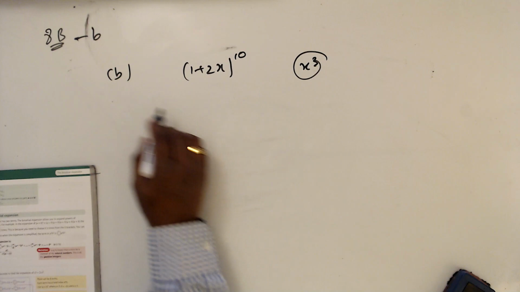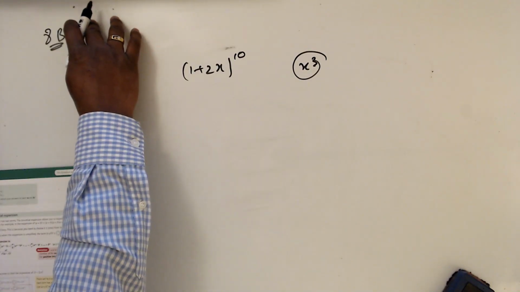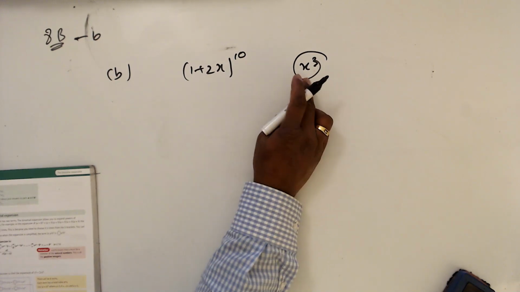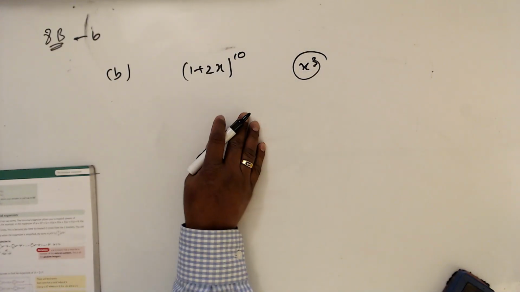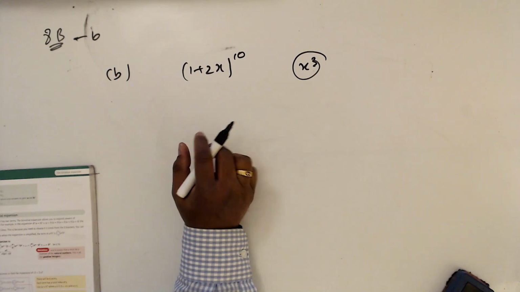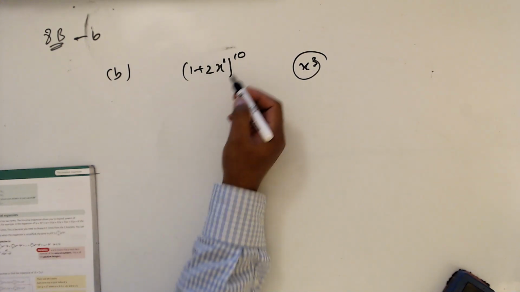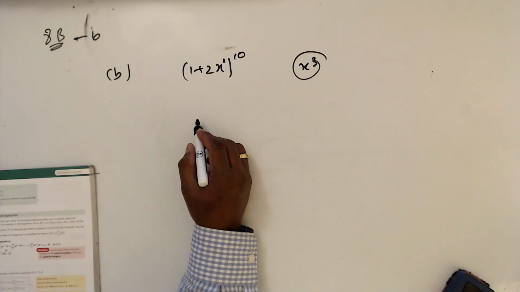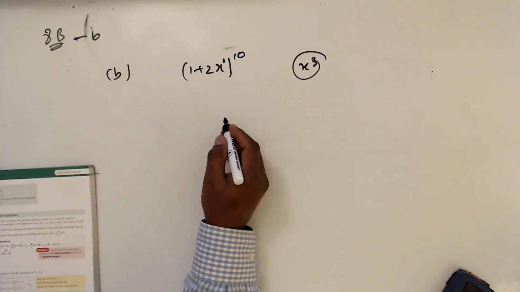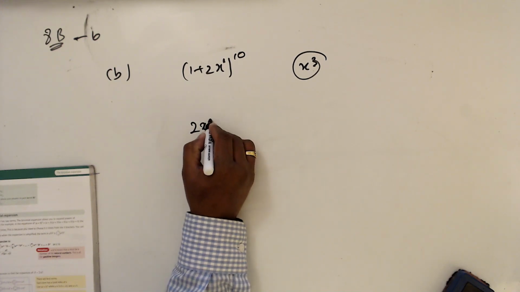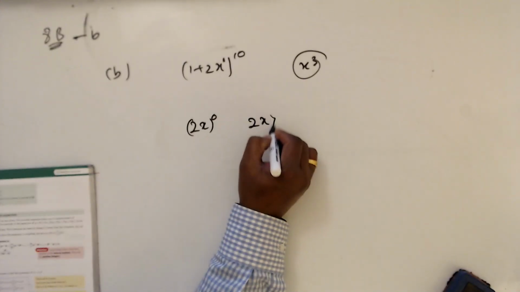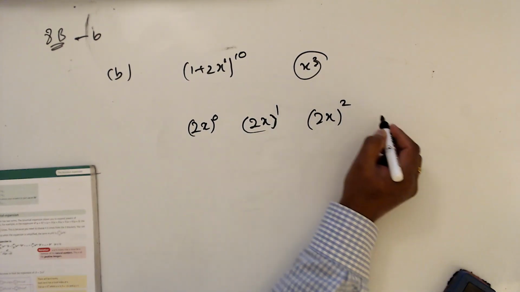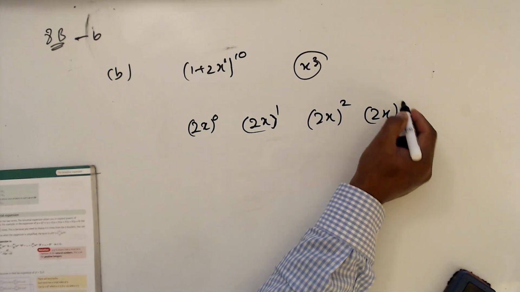Now we want to find part, I think it is 6, part B. We want to find the coefficient of x cubed. So this is power 10. Then I will write the ascending terms: 2x to the 0, 2x to the 1, 2x to the 2, 2x cubed.